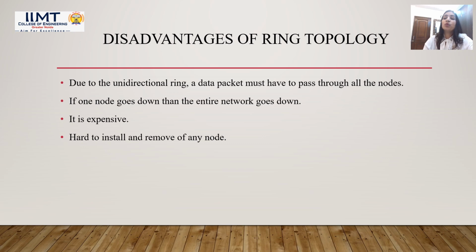Expensive: it is more expensive than the star and bus topology. Next point is adding new devices or nodes to the network would slow down the whole network. Next point is if any fault occurs in the cable, then it would disrupt the communication for all the nodes.